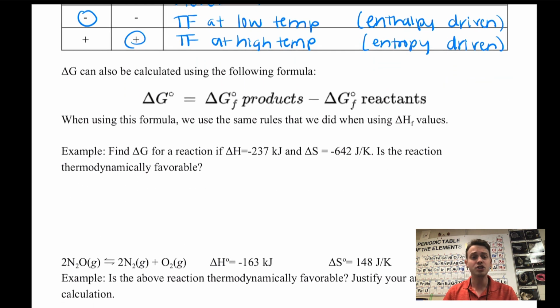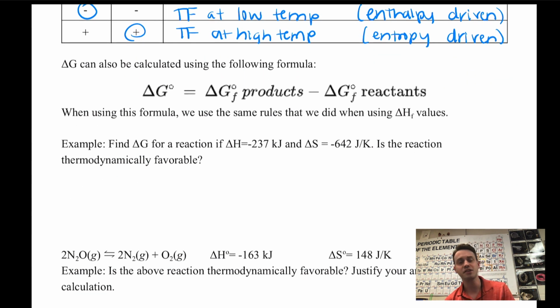We can do some calculations using the Gibbs-Helmholtz equation that we just looked at. We also have this other equation that we can use that looks a lot like our delta H of formation formula, and really we treat it the exact same way, including that if elements are in their standard states, we would treat them as 0.